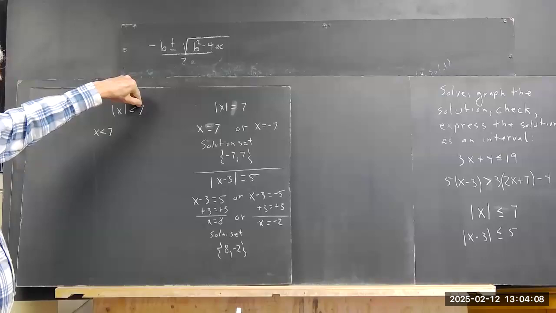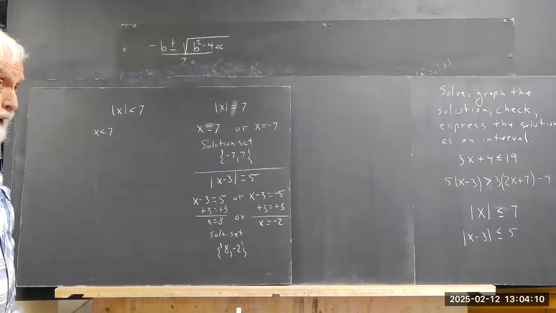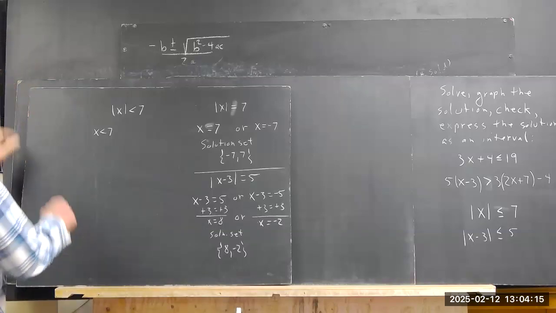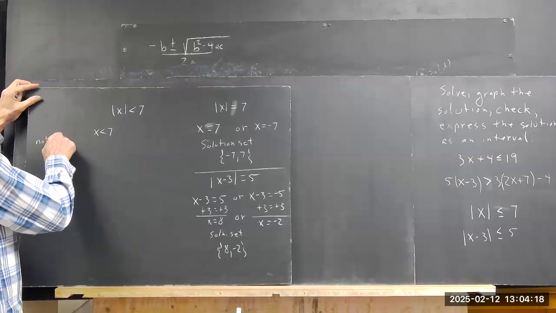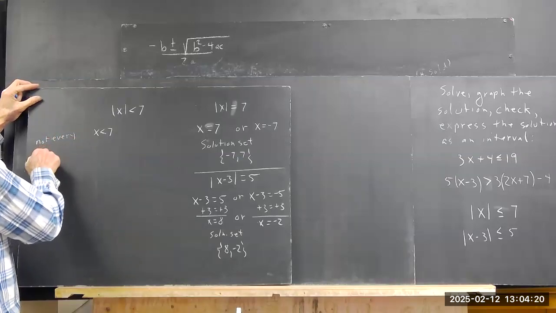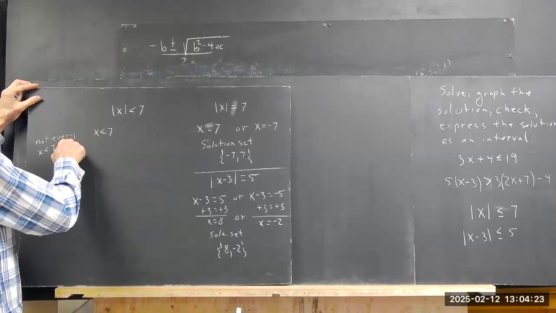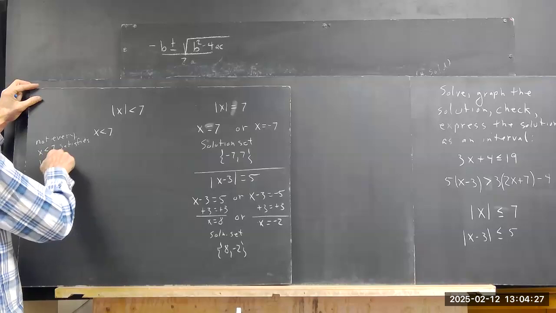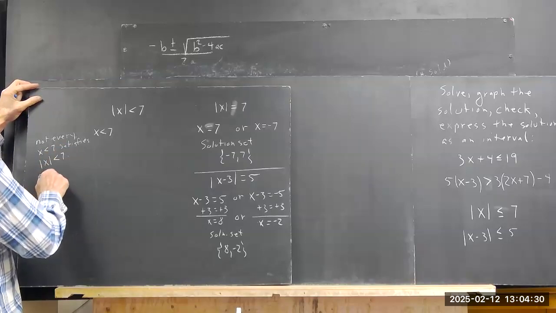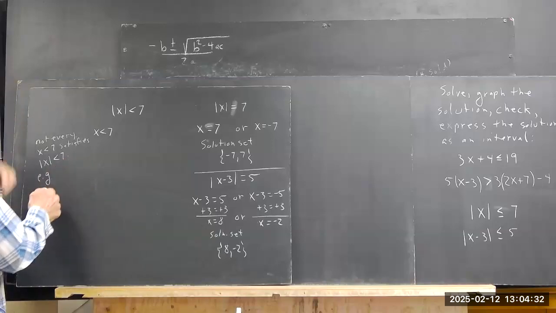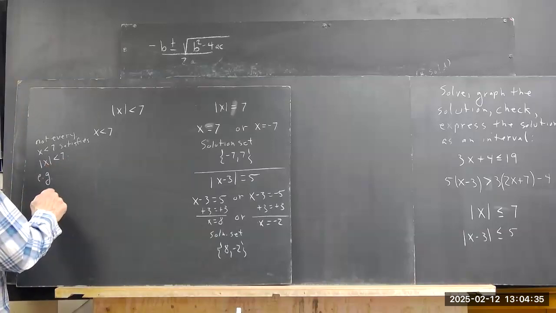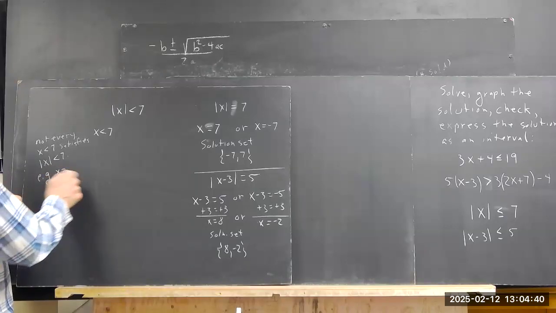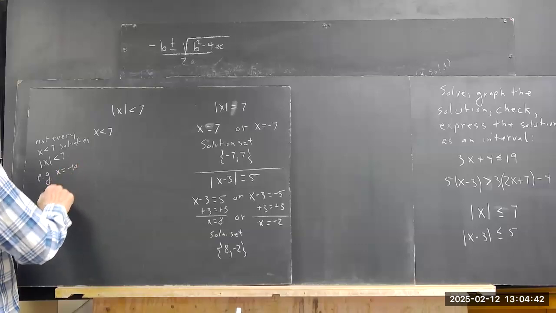No. So not every number less than 7 satisfies this inequality, right? So I can write that not, for example, x equals -10.